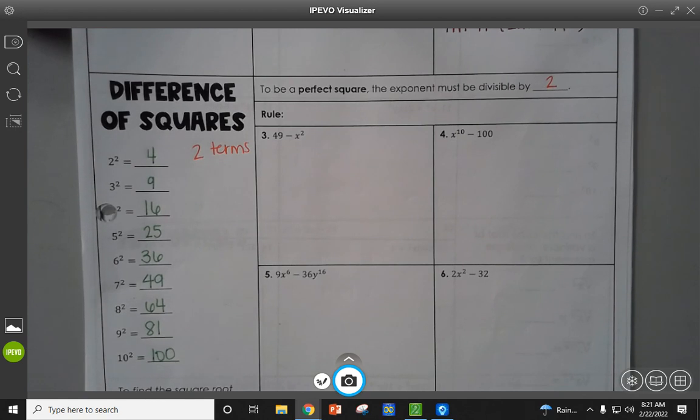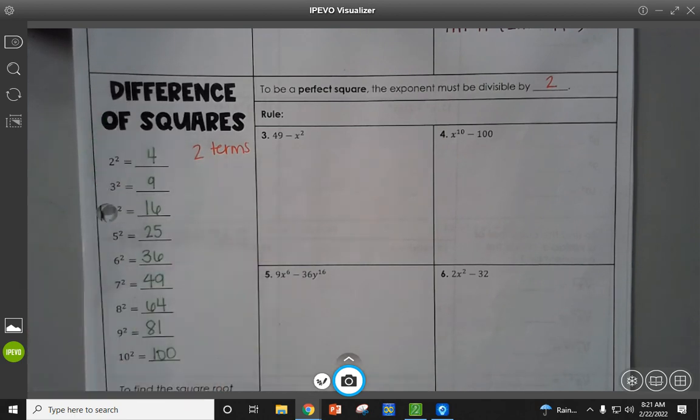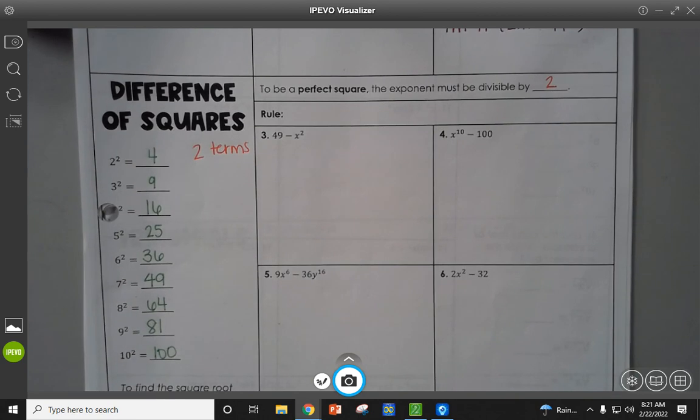You should have these perfect squares memorized. You should know them. So whenever you see these numbers, it's a perfect square. That's your hint. We might have difference of squares.